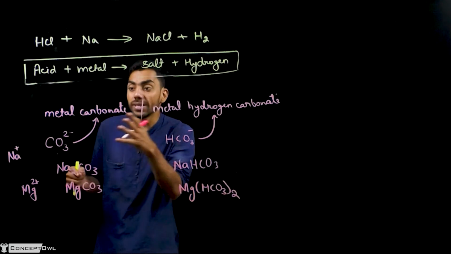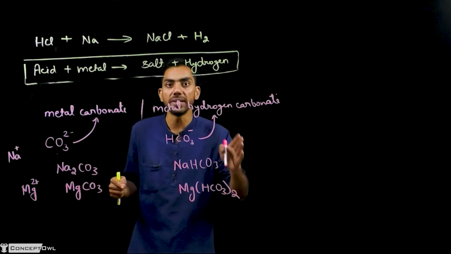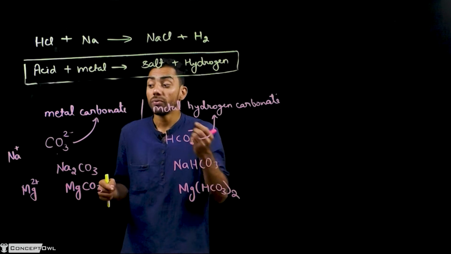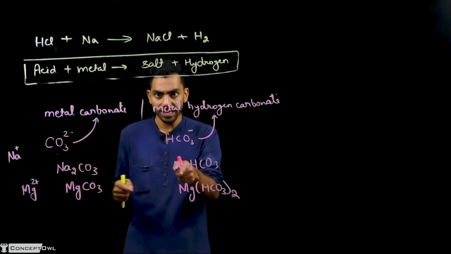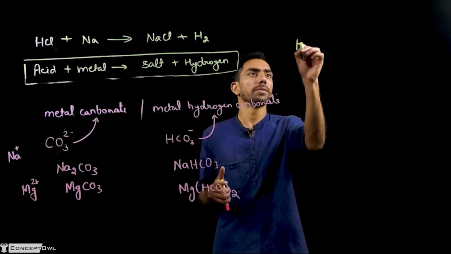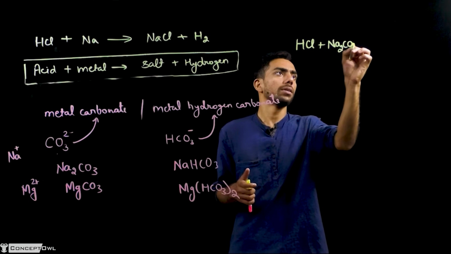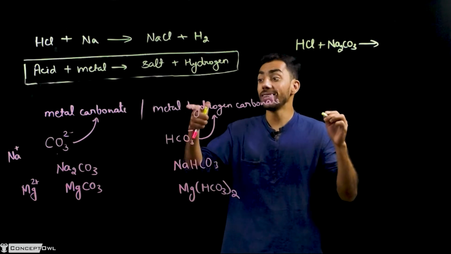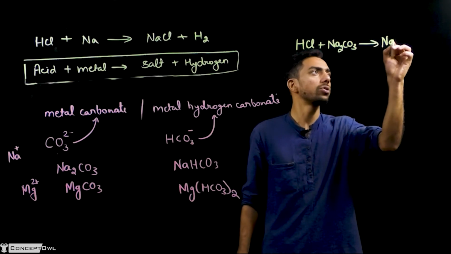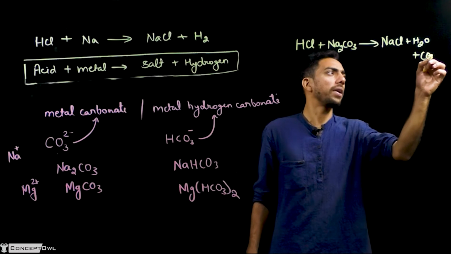So you can use any of these metal carbonates and metal hydrogen carbonates to produce carbon dioxide. How? We need to make it react with acid. So our acids, for example HCl, react with these carbonates and hydrogen carbonates to produce salt NaCl plus water plus carbon dioxide.